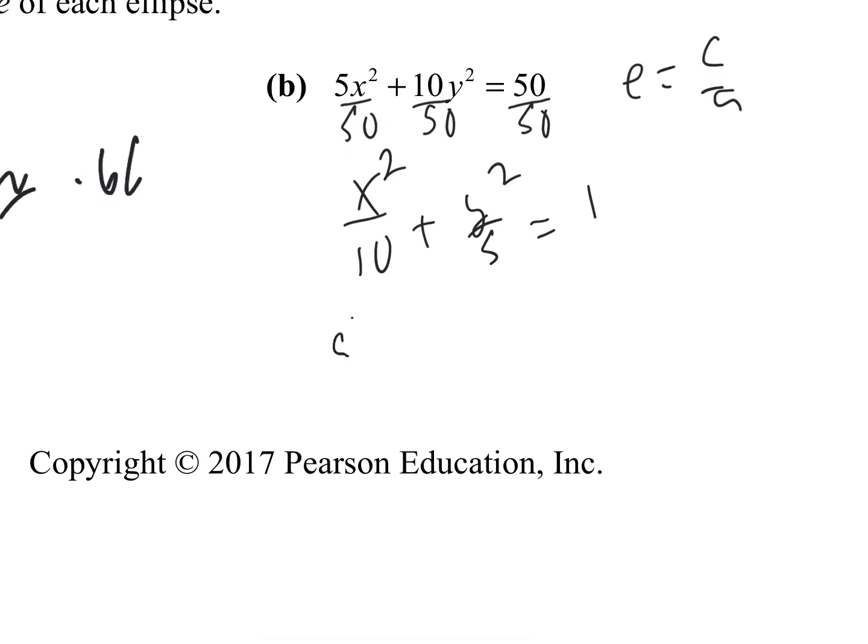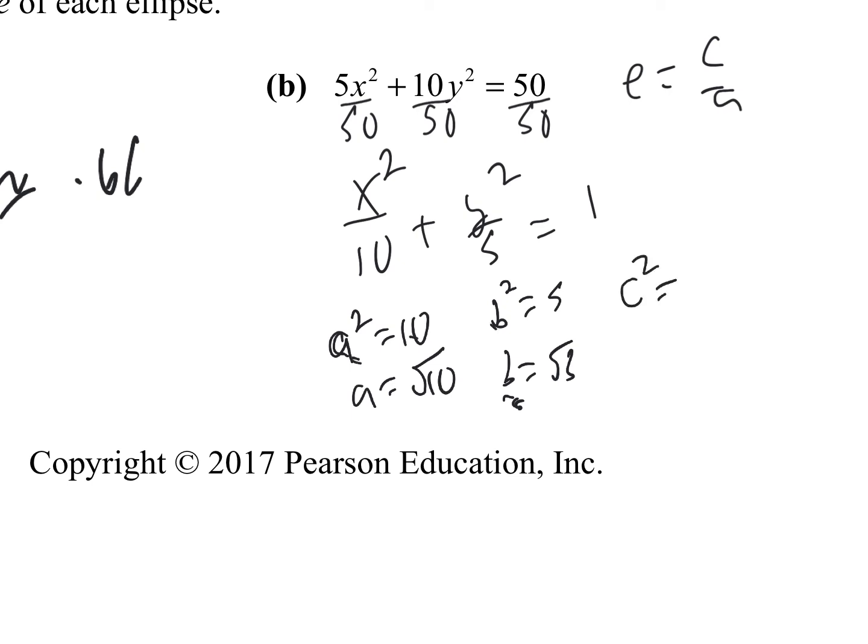So A squared is 10. A is the square root of 10, and that's what I need. Oh, I need my B squared too. My B squared is 5. B is the square root of 5. I don't need B, but I do need A squared and B squared to find C squared.